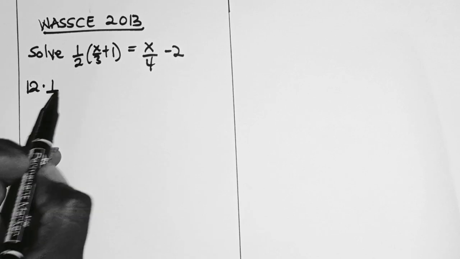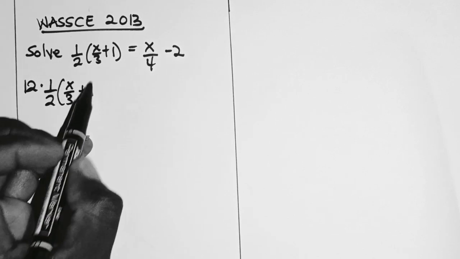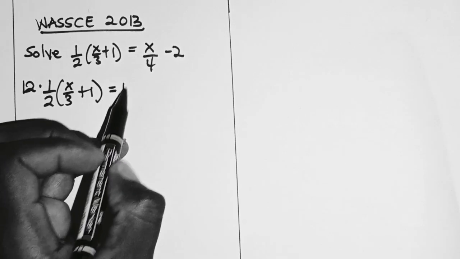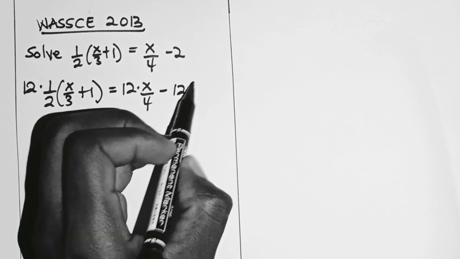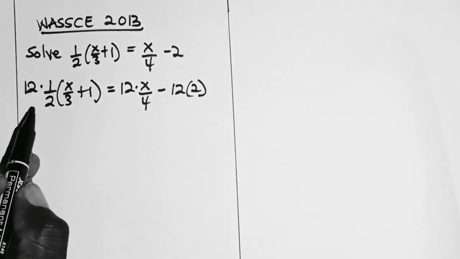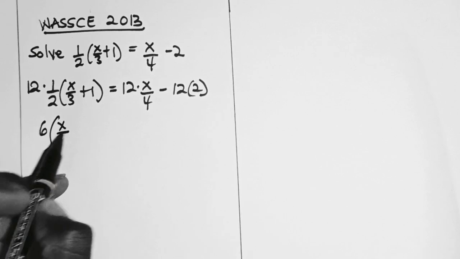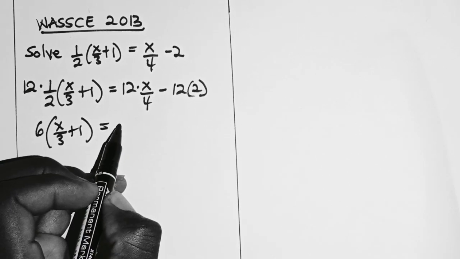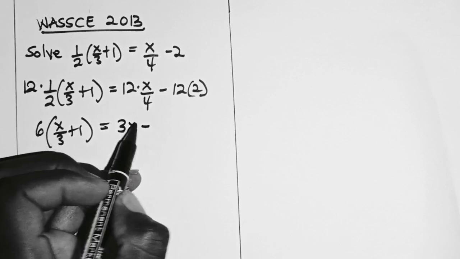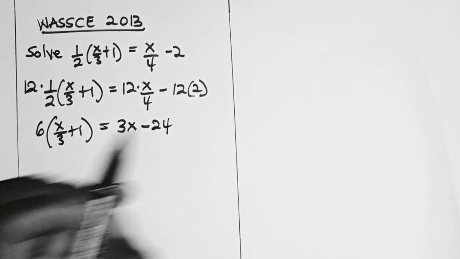So it becomes 12 times 1/2 times (x/3 + 1) equals 12 times x/4 minus 12 times 2. So 12 divided by 2 is 6. So here becomes 6 times (x/3 + 1) equals 12 divided by 4 is 3, so 3x, minus 12 times 2 is 24.